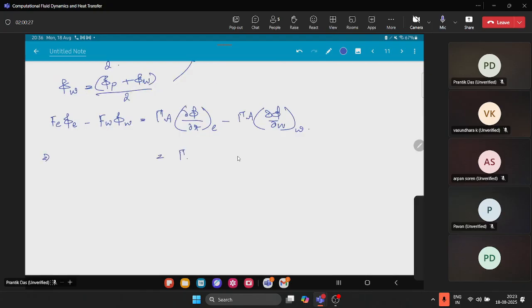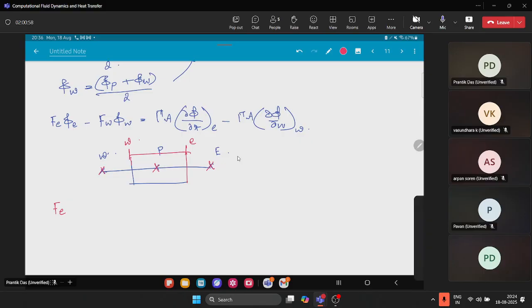So first I have to draw the control volume. So this is your P control volume, this is your E control volume, and this is your W control volume. Okay. So what will be phi small e, and this will be phi small w. So what will be phi small e according to the central difference formula?